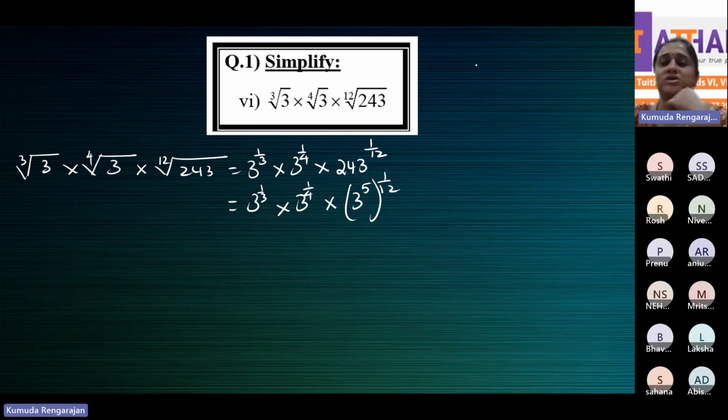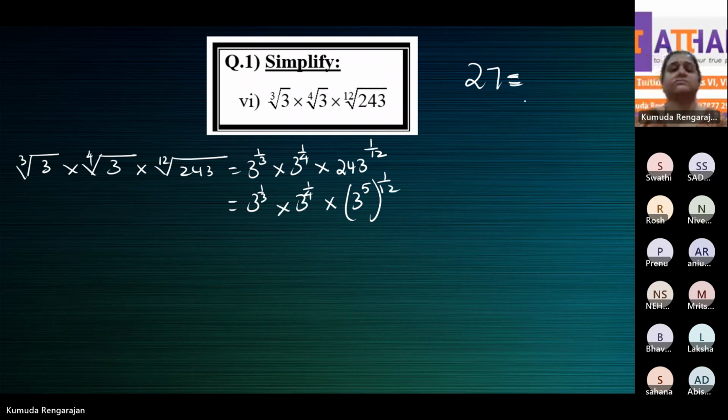No. Okay, Roshni, what is 27 in base 3? How do you express 27 in base 3? 3 to the power 3, right? 3 cubed is 27. 3 into 3 into 3 is 27.